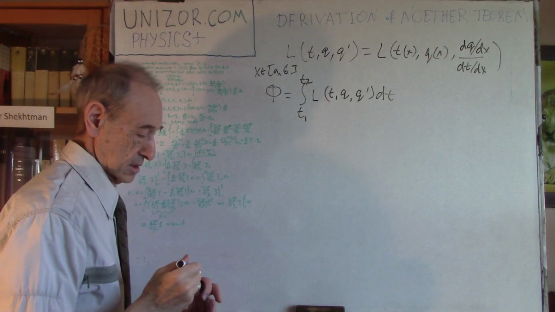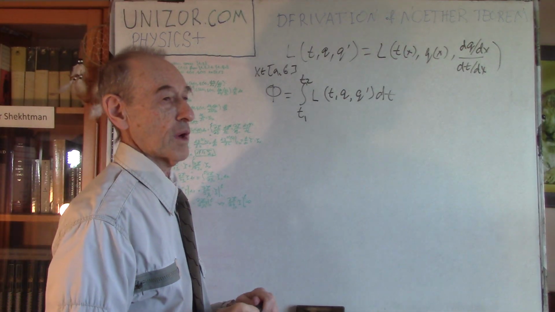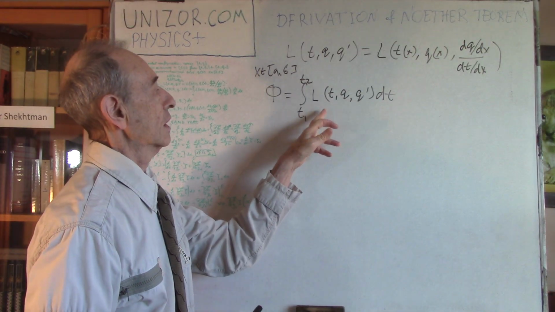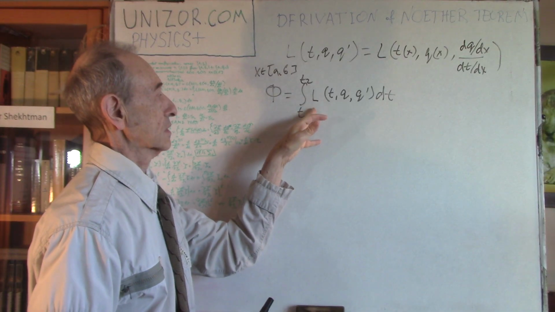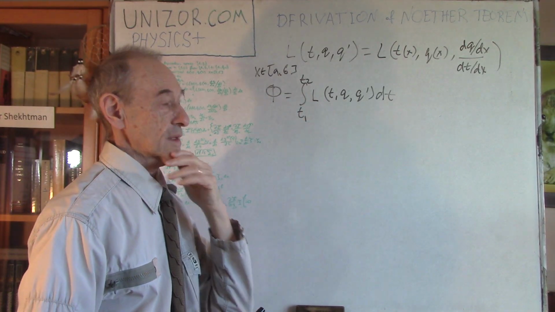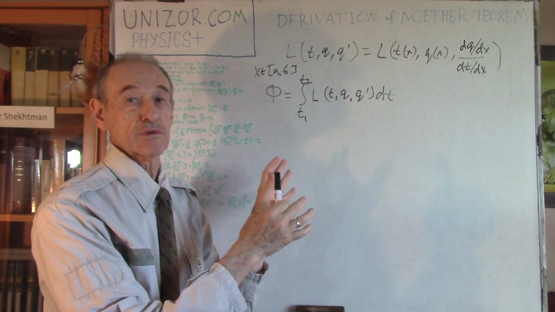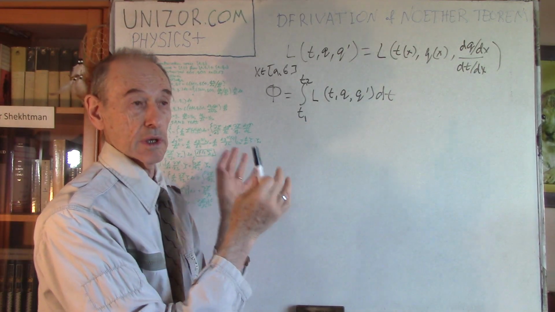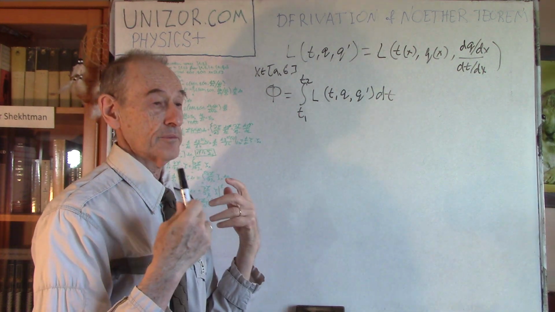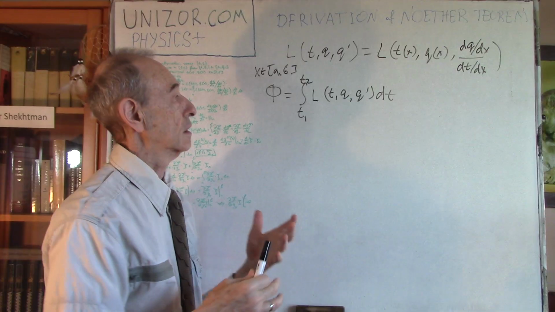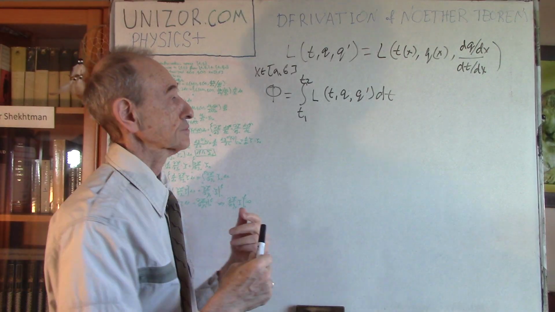Now, this is not good, because everything depends on different parameters, t and q. Now everything is parameterized by x, so I would like to reduce everything to integration by x. That would be much easier whenever I introduce a transformation.